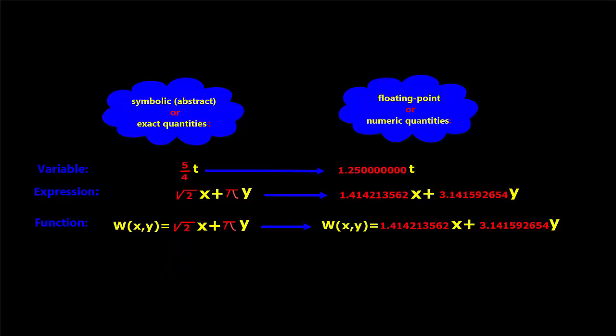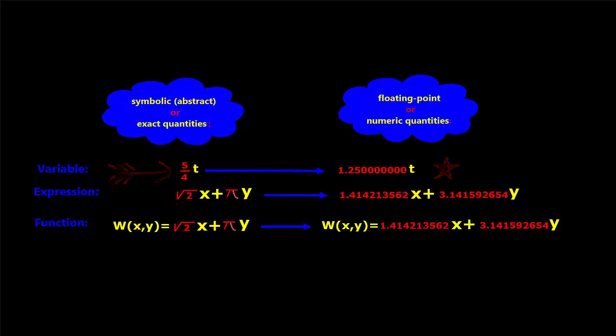By using a simple calculator, we can get the floating point, or numeric quantities, which are equivalent to these exact, or symbolic, quantities. For exact quantity, such as 5/4 t, by rounding off, or approximating, we can get the numeric quantity 1.250 t.